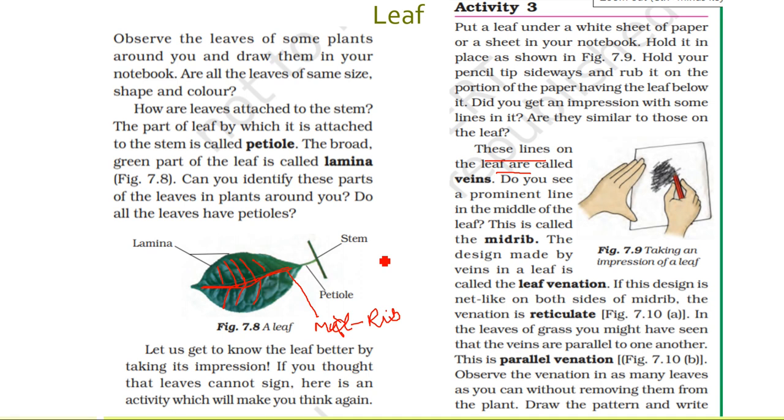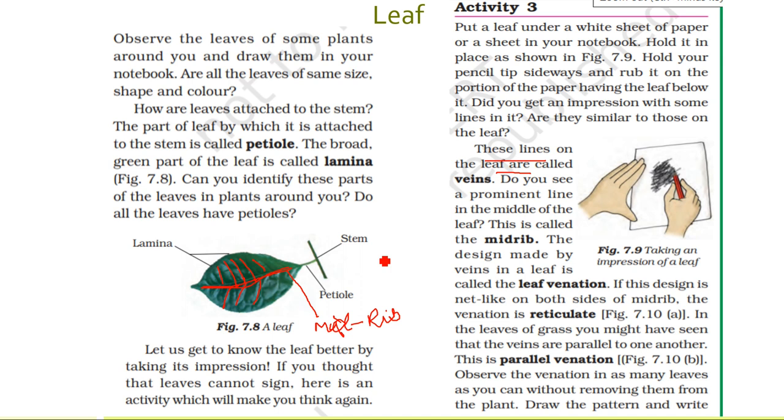Let me explain the terms again. Venation means the arrangement of veins on the surface of the leaf. And when that venation is network-like, there is one midrib, from that midrib arise veins, and these veins form a network over the surface of the leaf.